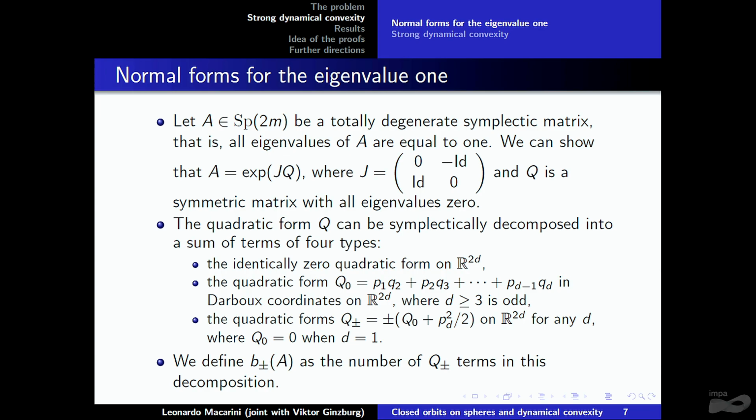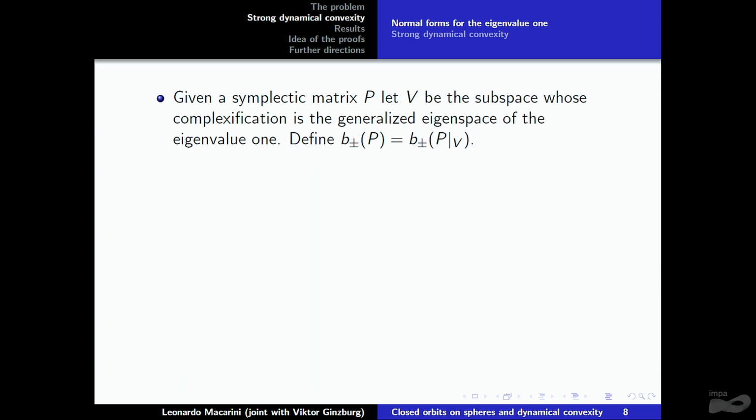Yes, you have a normal form. You have a decomposition, and then you have these 4 types of blocks, let's say, and then the special ones are given by these quadratic forms Q plus minus, and B plus minus are the numbers of these terms in this decomposition. Okay, so I defined B plus minus for a totally degenerate symplectic matrix.